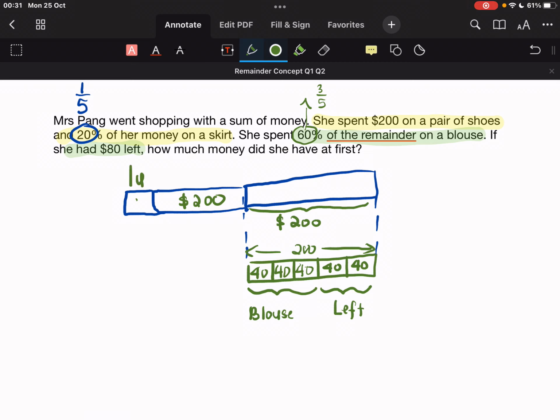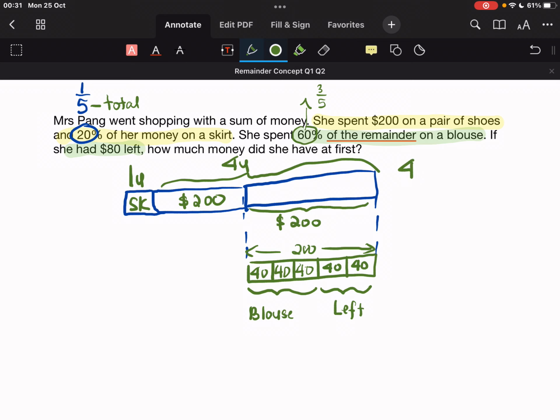Okay, she bought a skirt. Now we know the total here is 5 units, correct? Because she spent $200 on a pair of shoes and 1/5 of her money on a skirt. So 1/5 here stands for 1 unit, and here would mean it's 4 units, correct? Because the denominator 5 here is the total amount of money she has, correct?